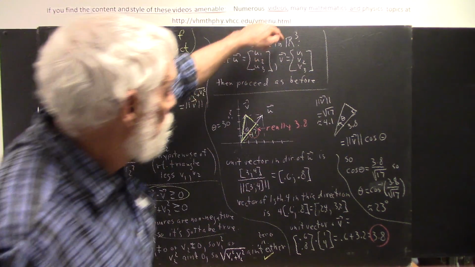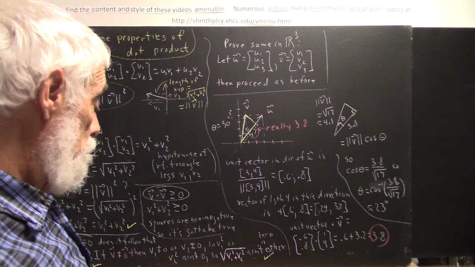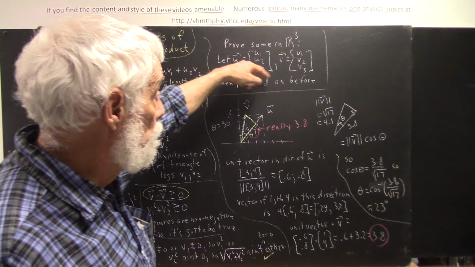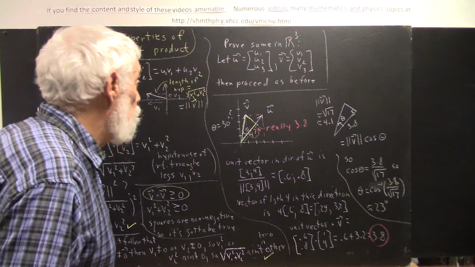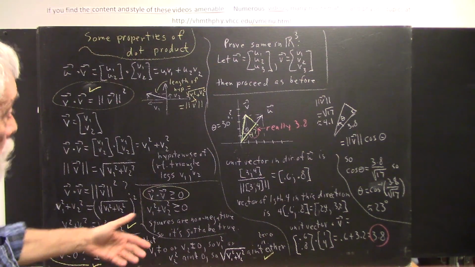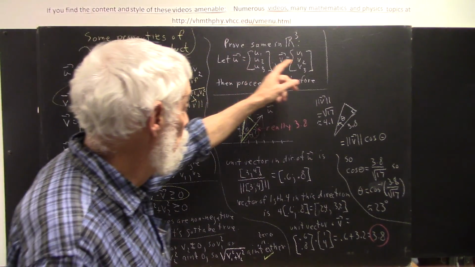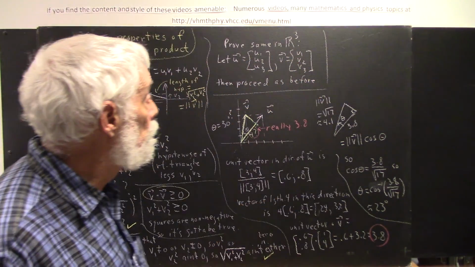We could prove the same thing for vectors in R3. Okay, all we'd have to change is let u equal u1, u2, u3, let v equal v1, v2, v3, and then proceed as before. When we do the dot product, of course, we're going to have u1 v1 like we had before, and u2 v2, same as we had before. But we're also going to have plus u3 v3.